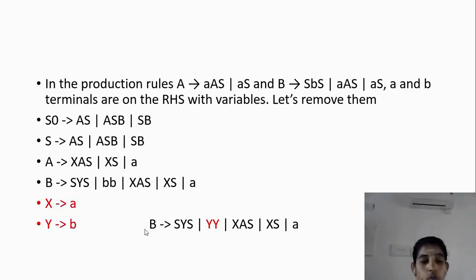Here I create the two production rules, X tends to a, Y tends to b. So here I substitute A tends to X and S. Okay, both combinations of non-terminals and terminals are removed here. So the non-terminal X is substituted for the small letter a, and the same for Y, for the terminal b, substituted here.